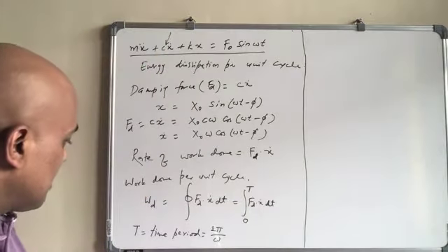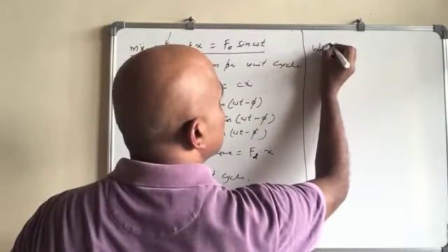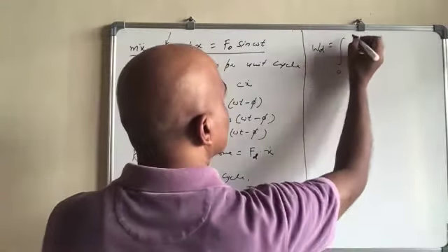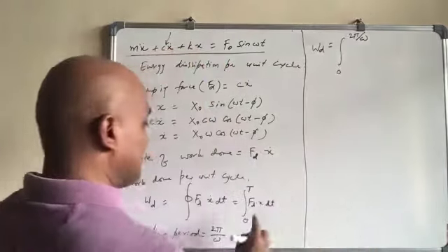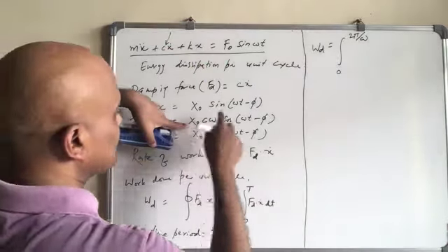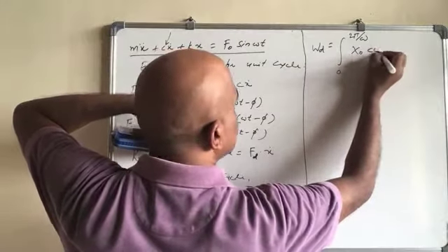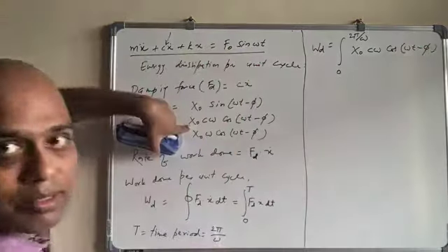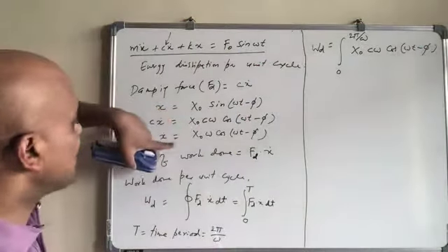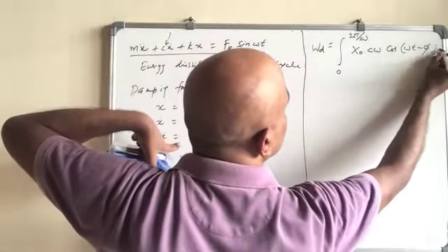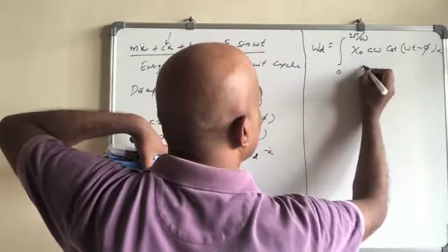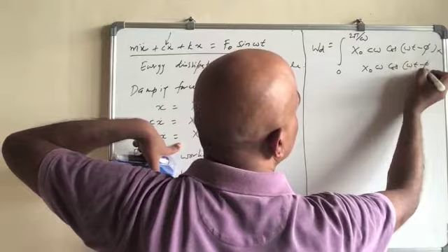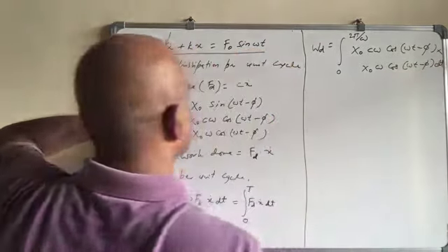Now next, Wd will be given by the integral from 0 to 2 pi over omega, and Fd is x naught c omega cos omega t minus phi, and x dot is multiplied by x naught omega cos omega t minus phi, dt.